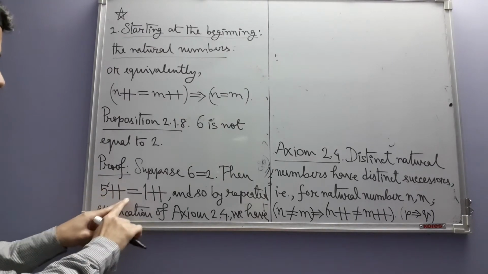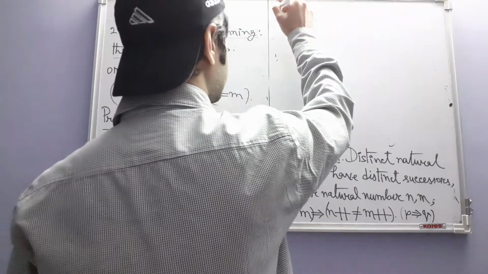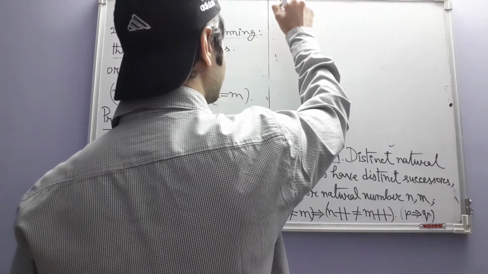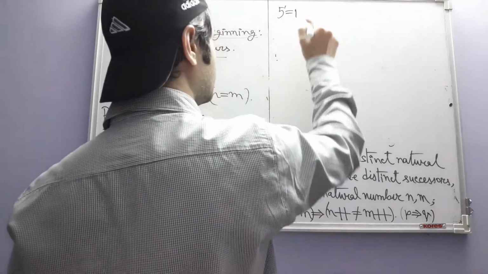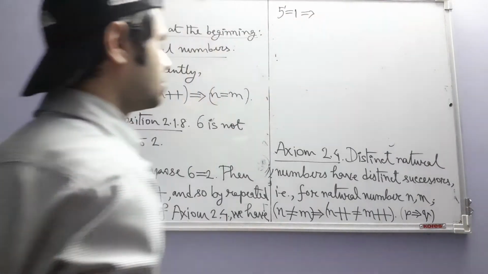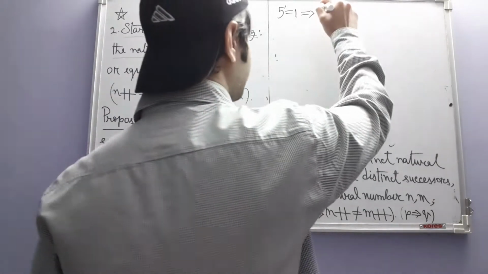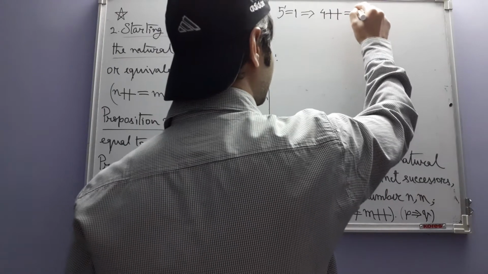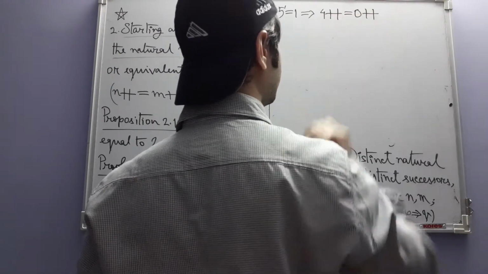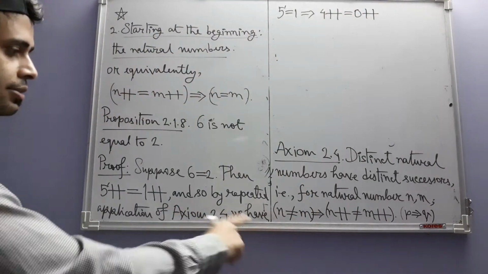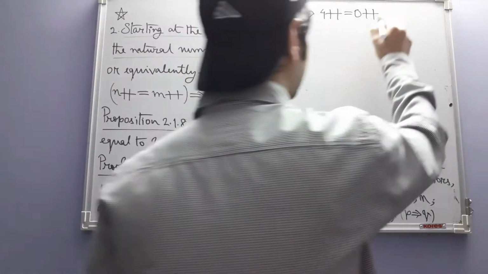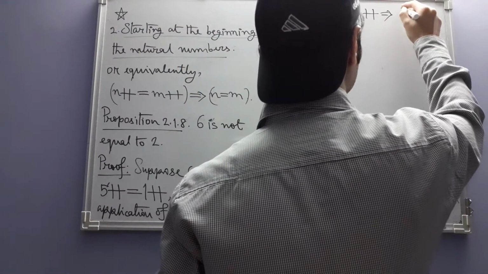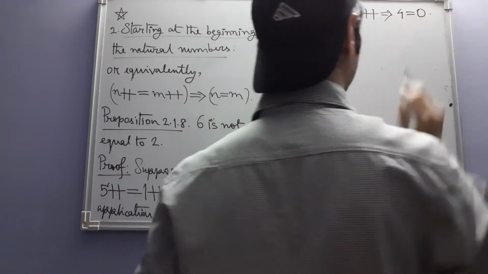We have 5++ equal to 1++. So now we have 5 equal to 1, which implies 5, what is 5? 5 is the successor of 4 and 1 is the successor of 0. So again we are applying axiom 2.4 and that gives us 4 is equal to 0.